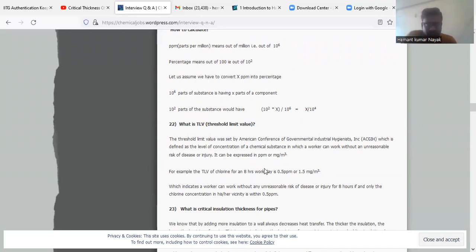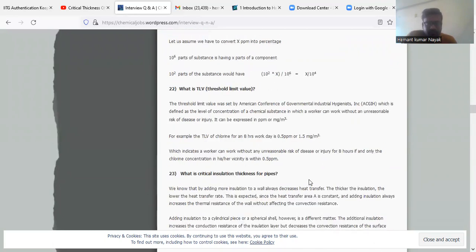It can be expressed in ppm or milligram per meter cube. For example, the threshold limit value of chlorine for an 8 hour work day is 0.5 ppm or 1.5 milligram per meter cube, which indicates a worker can work without any unreasonable risk.